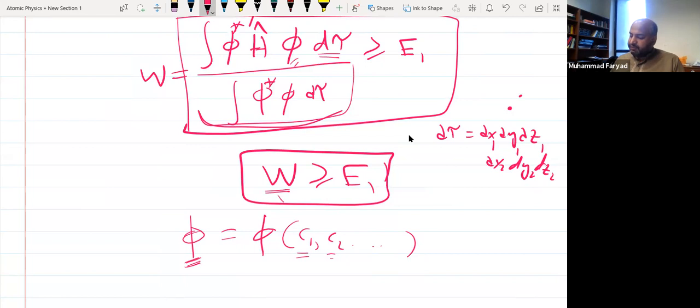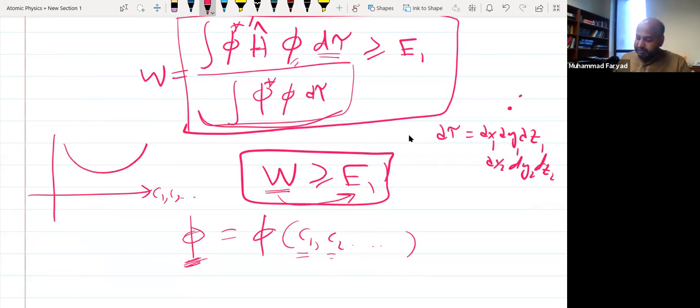because when it is minimum, its minimum value is nearest to this ground state energy. And if I'm fortunate that this minimum is equal to E1, then I will have found the true ground state. Otherwise, I will have a phi which is closest to the ground state. So in general, you can imagine it like this, that I have C1, C2, etc. And then I have this W integral, which is this integral over this term.